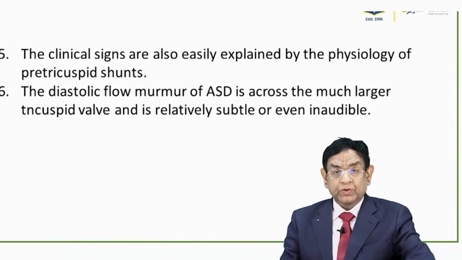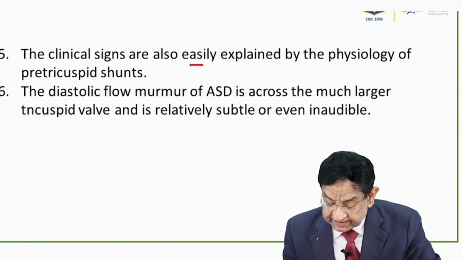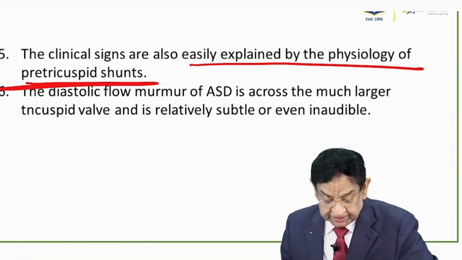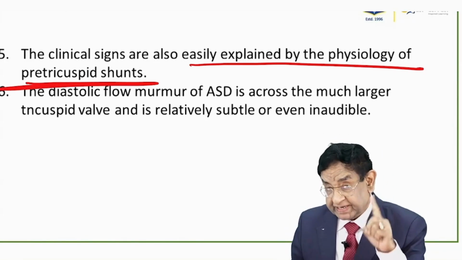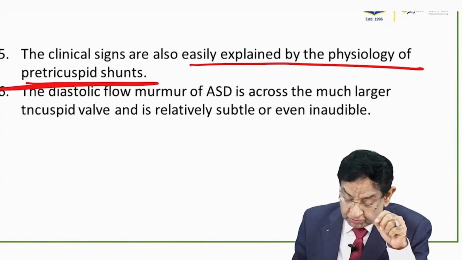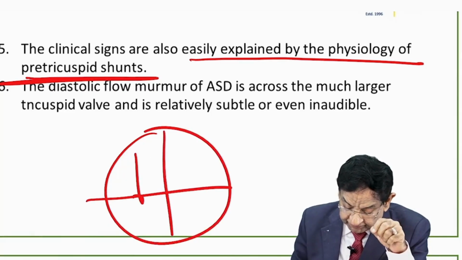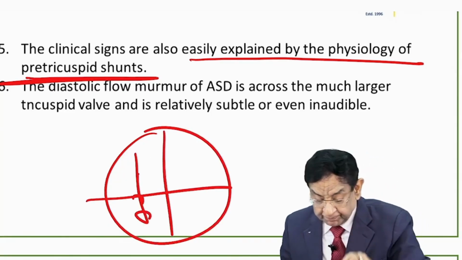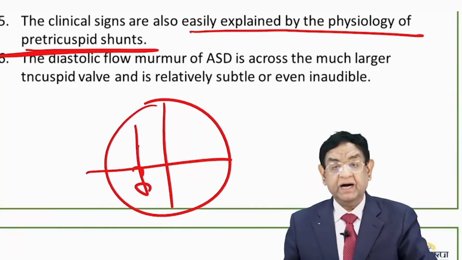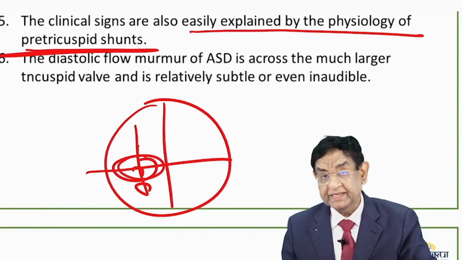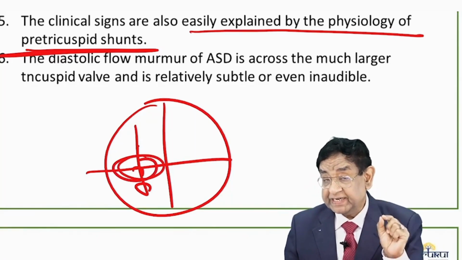So now we understand the clinical signs. They tell you the pathophysiology of the pre-tricuspid shunt, and we also know that a large amount of blood will flow from RA to RV, and we may get a diastolic murmur at the level of the tricuspid valve.